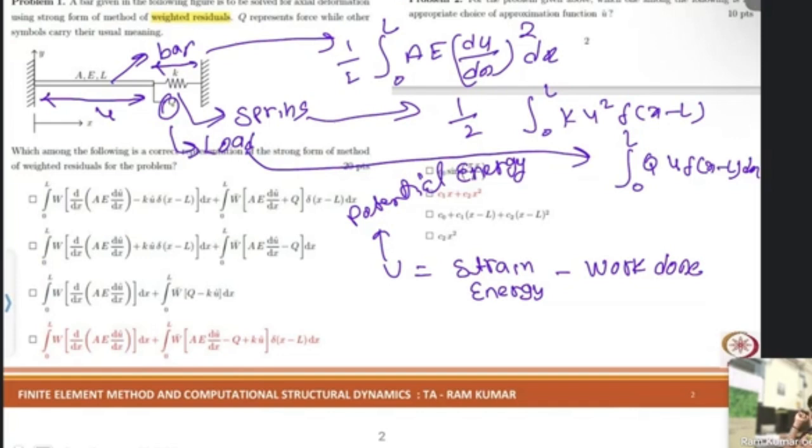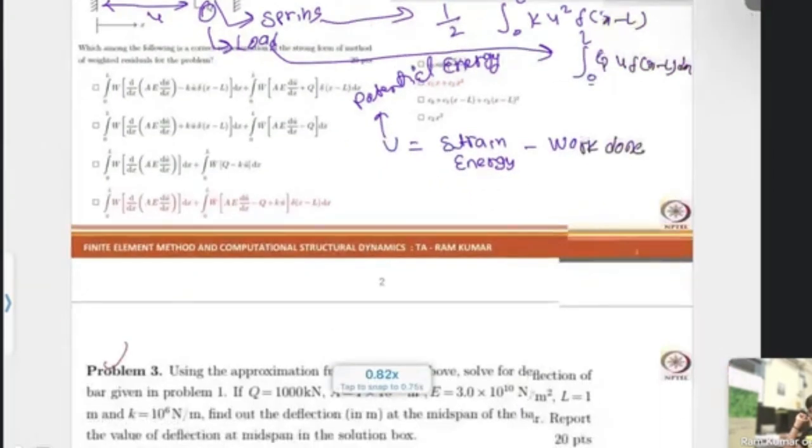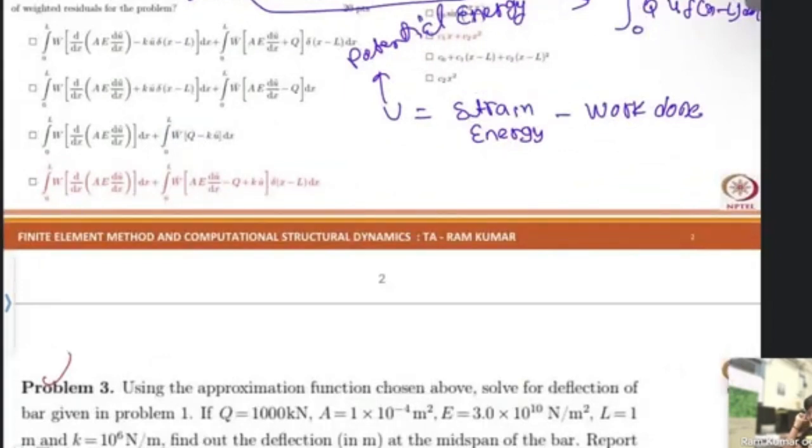So now like total, what will be total from our final expression?